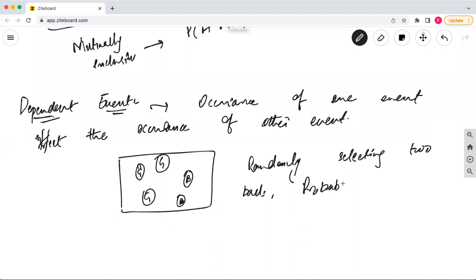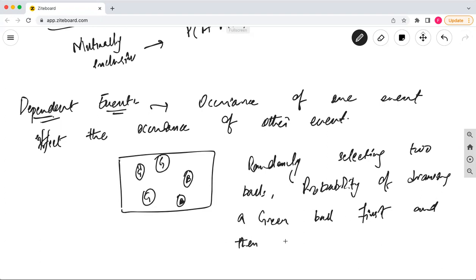What is the probability of picking a green ball first and then a blue ball, such that these are without replacement?